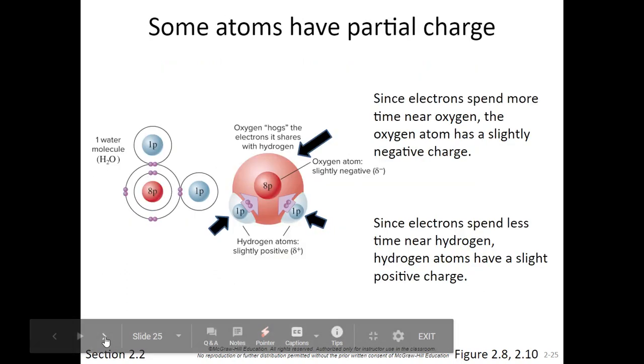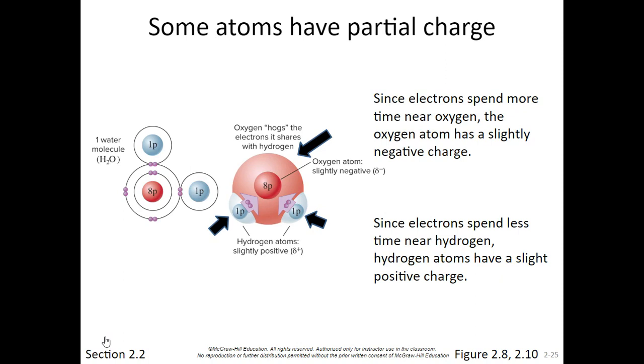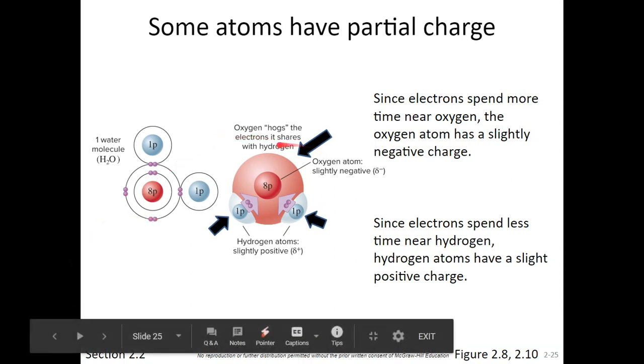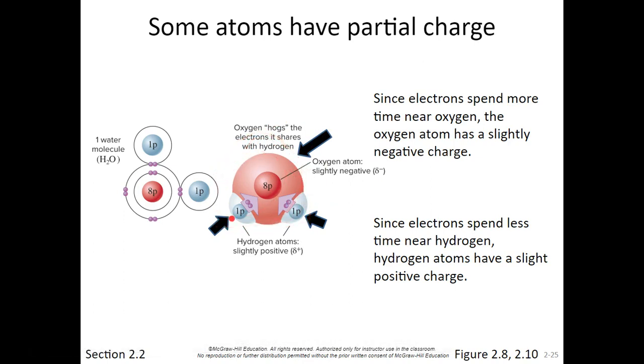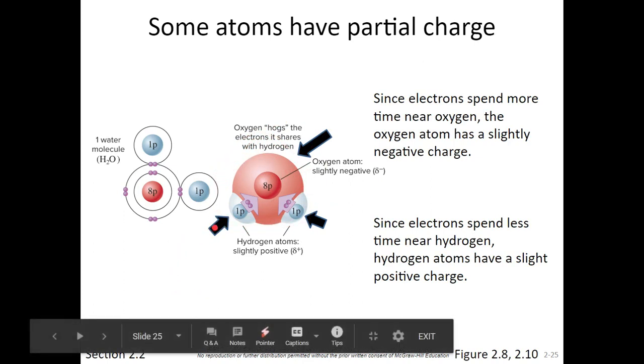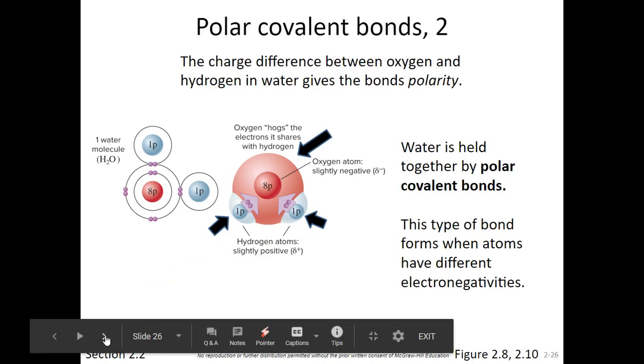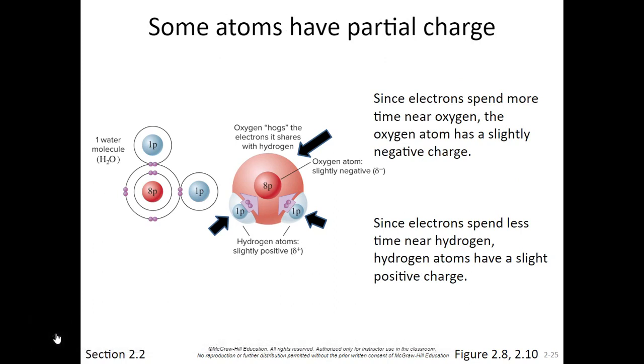Some atoms have partial charge. Since the electrons spend more time near oxygen, the oxygen atom has a slightly negative charge. You can see how they are attached. Here, the hydrogen atom is slightly positive, the oxygen atom is negative. Since the electrons spend less time near hydrogen, the hydrogen atom has a slightly positive charge. These are known as partial charges and polar bonds.